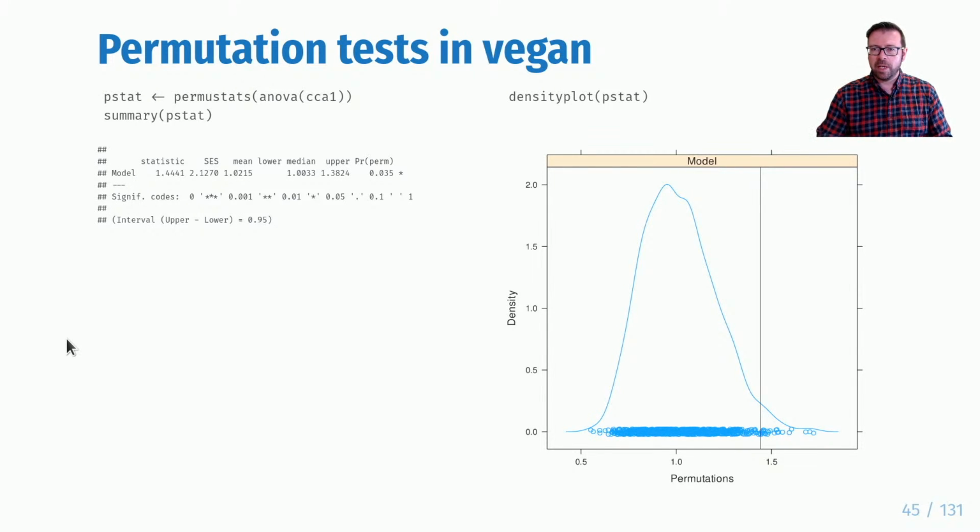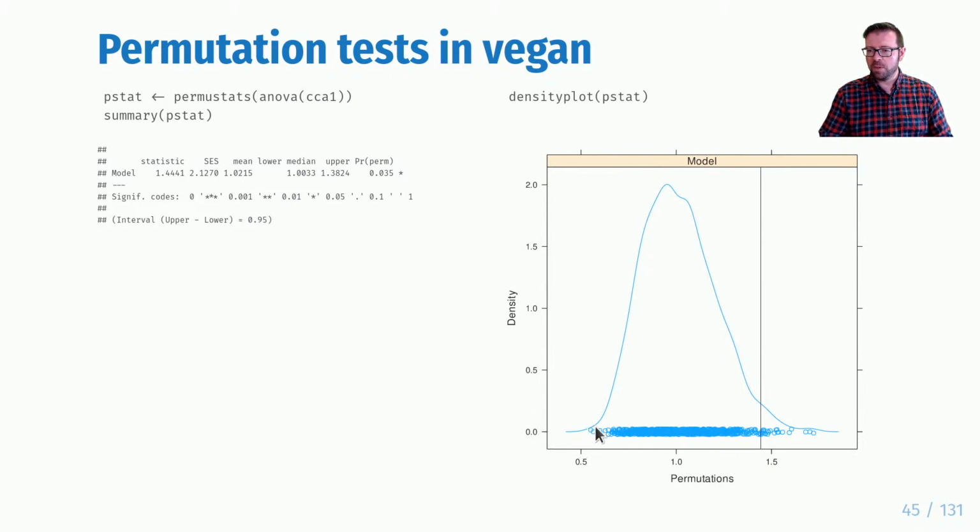I'm showing you the code to do it, but let's just ignore this for the moment. I'm looking at the permutation statistics from a permutation test applied to that first model that we fitted. In this case, there were no conditioning variables, so we could just shuffle the species data and it doesn't really matter what we do.